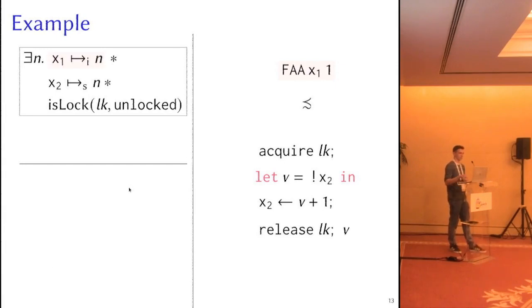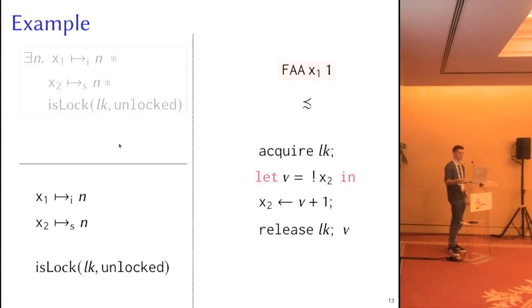But by inspecting our logical state, we see that this points-to can be found inside this invariant. And so the automation can figure out, hey, we need to apply some rule to open this invariant, get access to this points-to again before proceeding. So we get to this state, and then we can symbolically execute this fetch-and-add instruction to increment the stored value and return n.